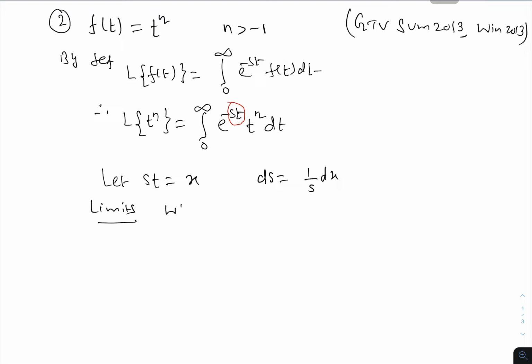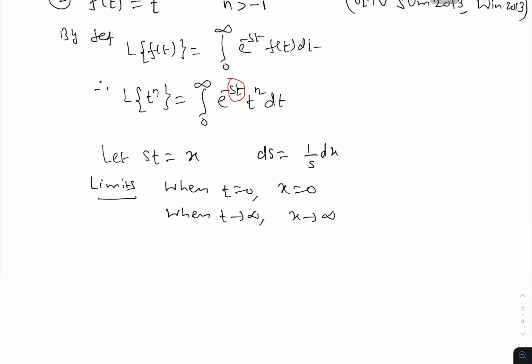Limits: when t is 0, x is 0, and when t tends to infinity, x also tends to infinity.